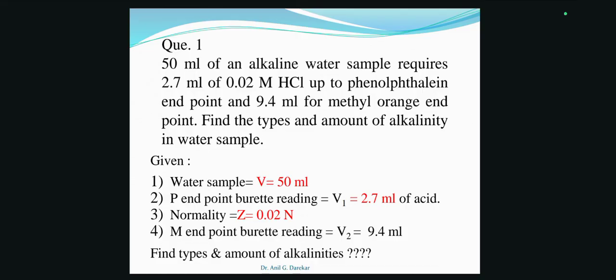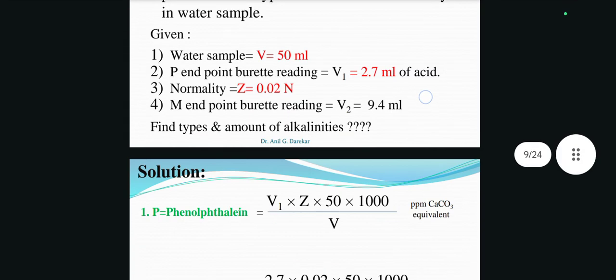Normality is given in the numerical as 0.02, and for the methyl orange endpoint, how much ml of acid is required? 9.4. So V2 is equal to 9.4. This is the given data that you need to write in your answer sheet. No need to write the question. And once you write the given, you have to proceed toward the solution.